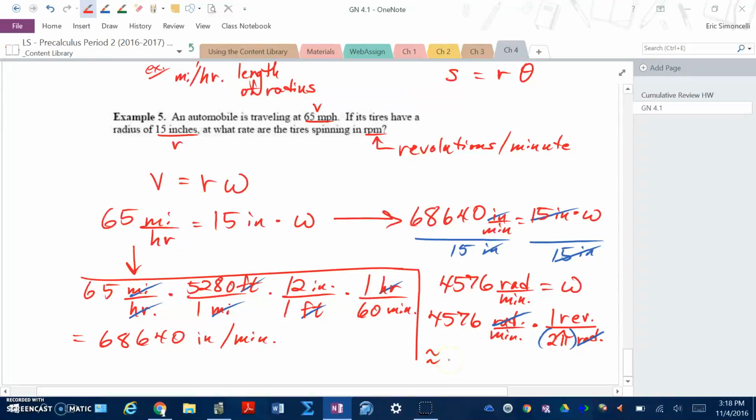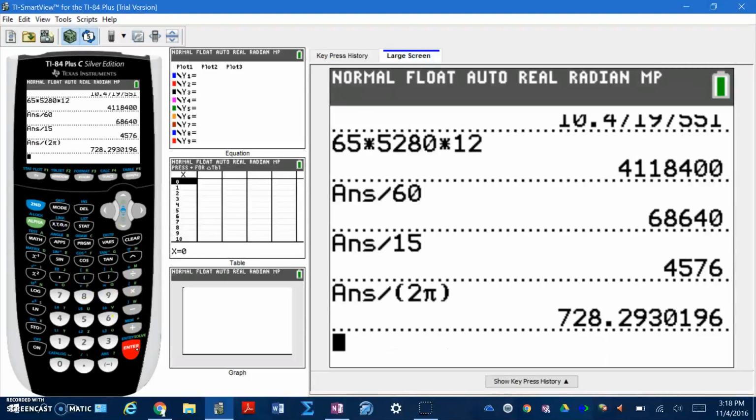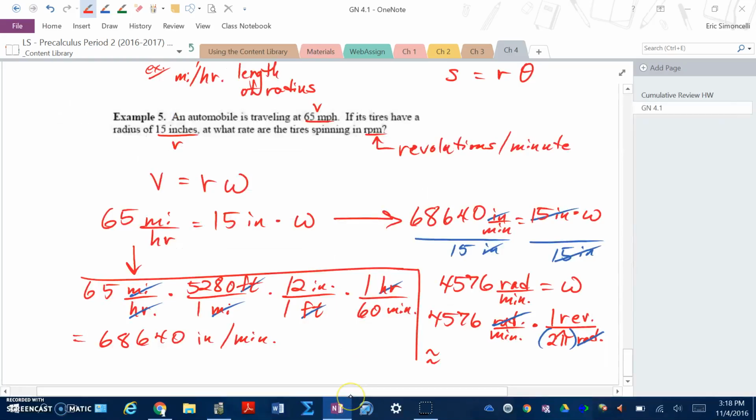First, the final answer with parentheses, 4,576. Divide that by parentheses 2 pi, and we end up with a final RPM of 728.29. I'll write that down. And we can actually just simply write RPMs.